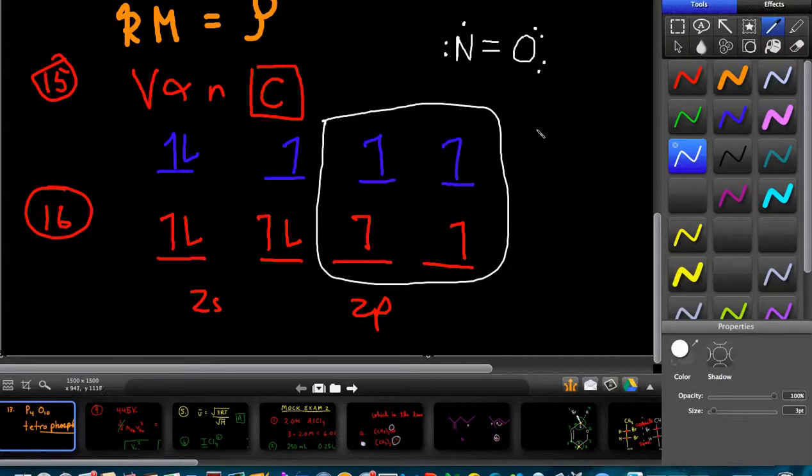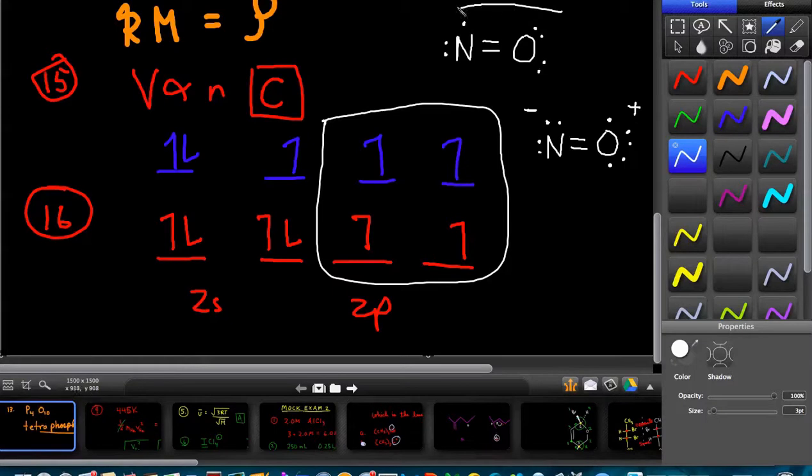I can do a resonance structure where the oxygen gets the radical and the nitrogen gets the additional lone pair. Those have formal charges though.